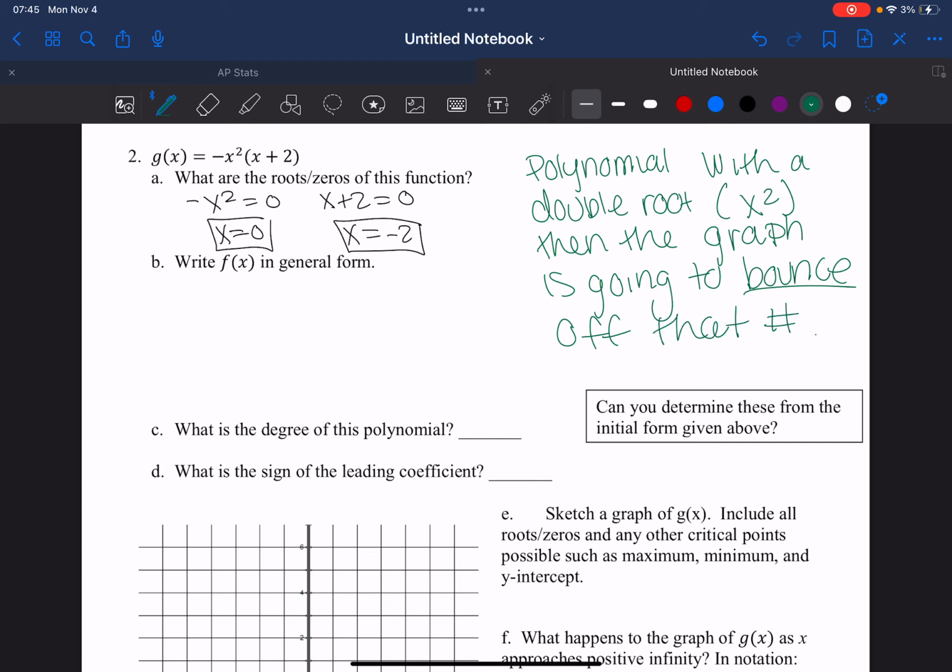And we're going to see that when we sketch the graph. Part B wants us to write it in general form, so we do that by distributing the negative x squared inside the parentheses, so we get negative x cubed minus 2x squared.